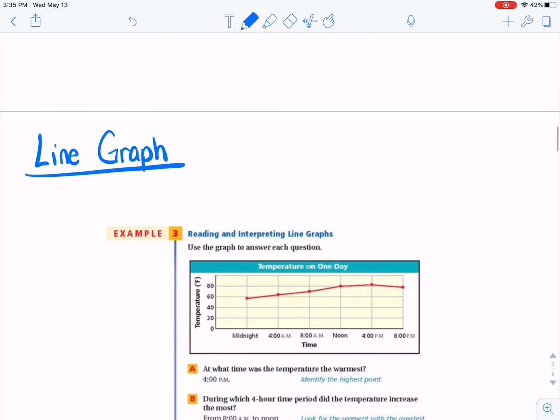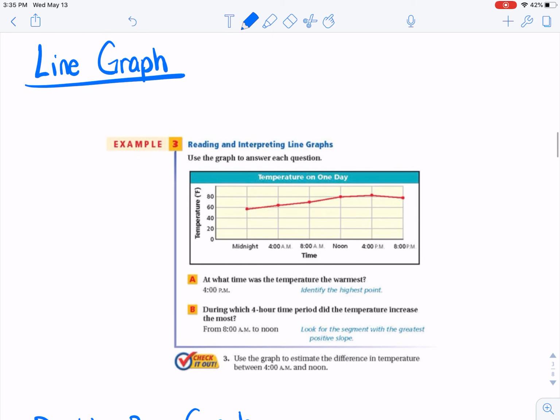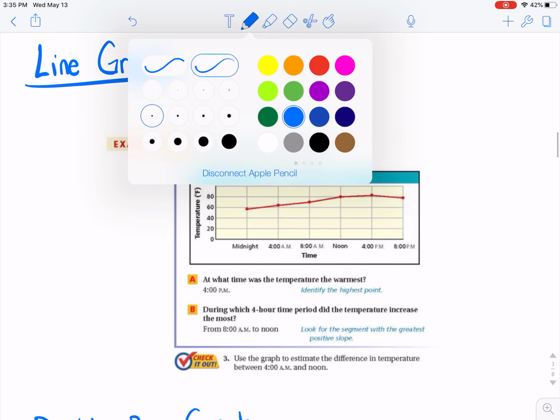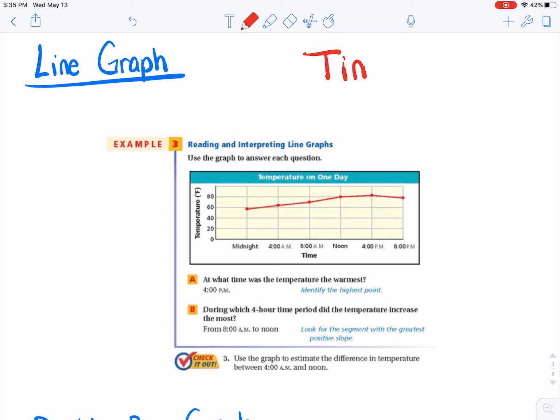All right, next we're going to move on to the line graph. Line graphs really have to deal with time. When you're looking at a course of time, it's easier to see what's going on when you have the dots connected than it would be in a bar graph.